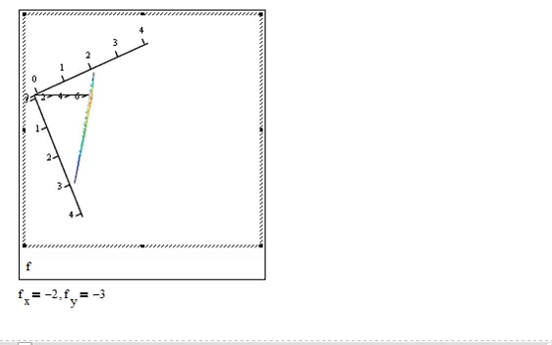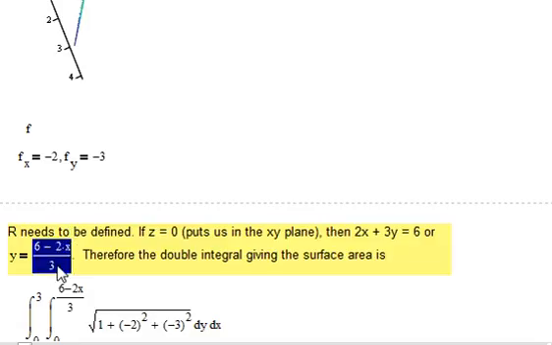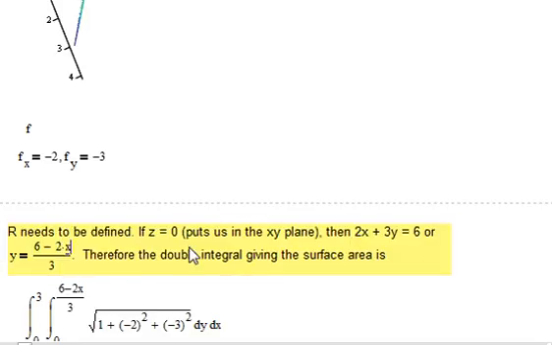So I could call it -2/3 x plus 2. But another way of saying that, notice that this is the same thing. If we let z be 0, then we have this equation right here, that means it's in the xy plane. And the equation in the xy plane of that line is y equals (6 minus 2x) over 3.